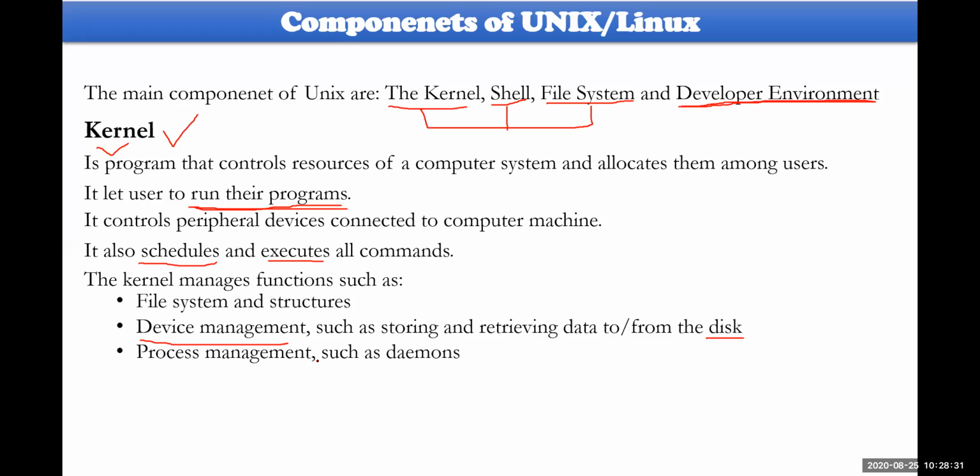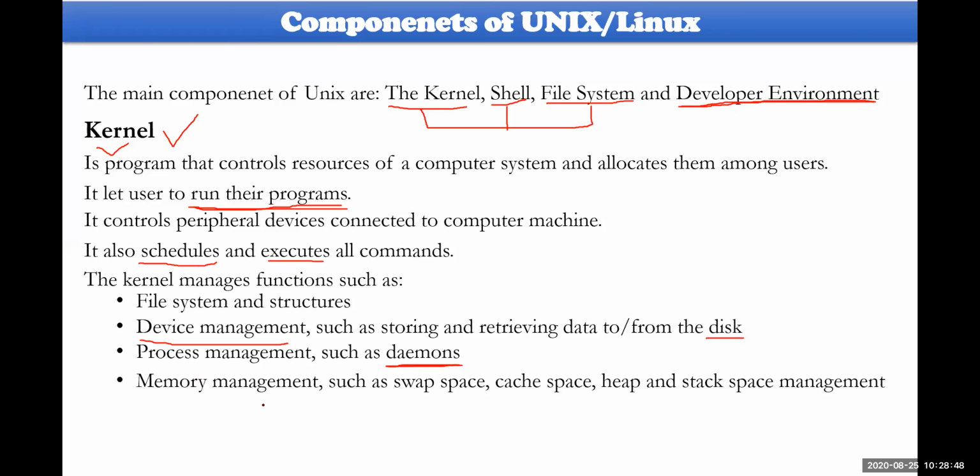And process management. Daemon processes are the processes which stay in sleeping mode continuously, they are available but could not be identified by your operating system, and such process management is done. And memory management is done. In memory management, two different types of spaces are very much required for Linux, especially swap space and cache space.